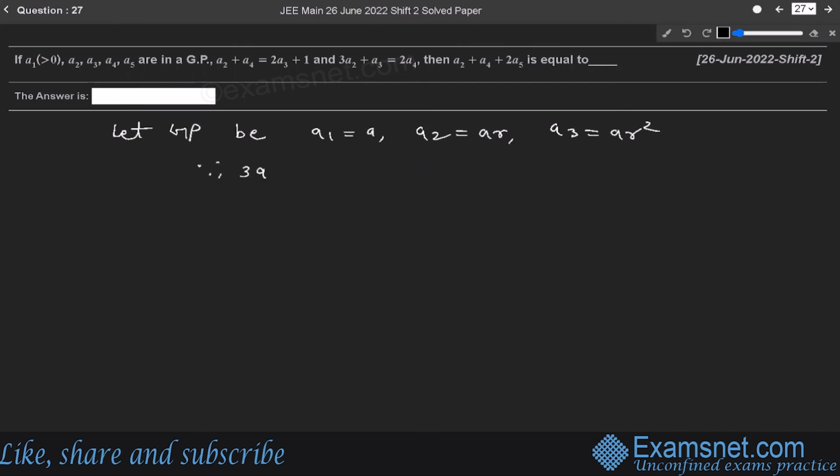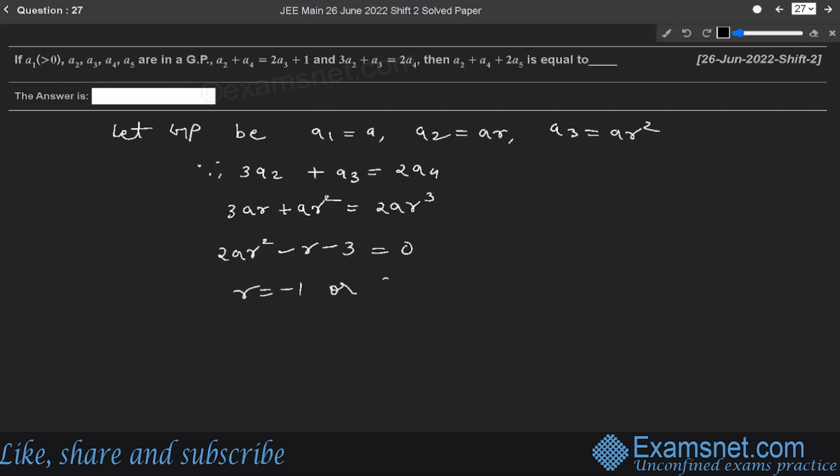Since 3a2 plus a3 is equal to 2a4, therefore 3ar plus ar square is equal to 2ar cube. So 2r square minus r minus 3 is equal to 0. Therefore r will be equal to minus 1 or r will be equal to 3 by 2.